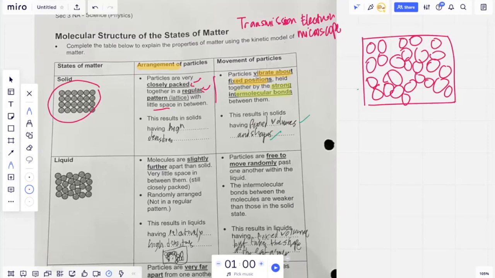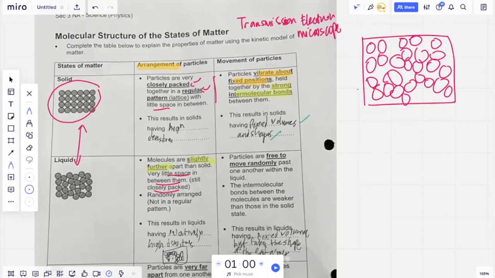They are slightly further apart compared to solids. You look at the pictures, you'll see that the molecules are slightly further apart. The space in between the molecules is still very, very small.